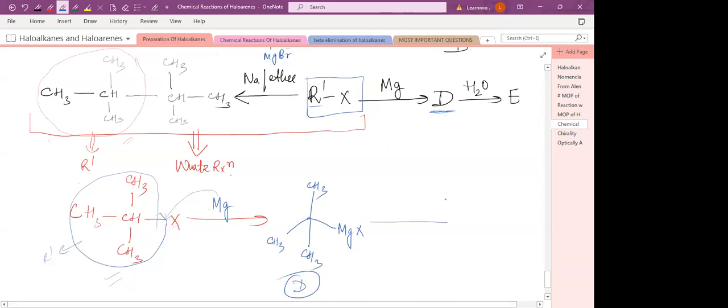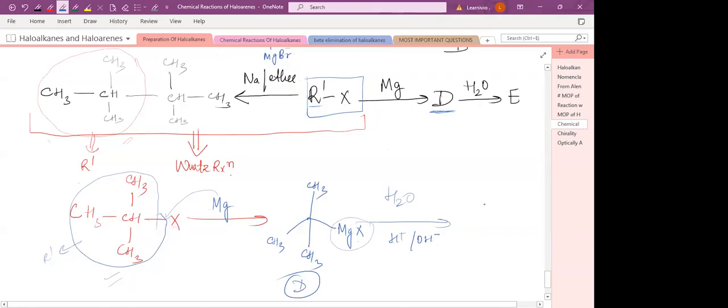Next step, when you treat it with water, again the same step. This water will give you H plus and OH minus ion. And you know very well, Mg will give you MgOHX, and the hydrogen will attach there.